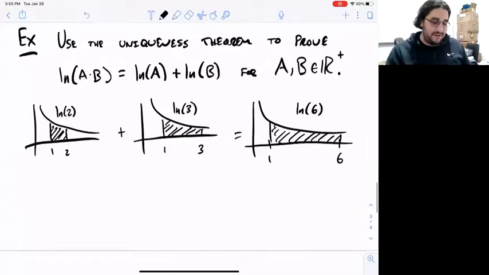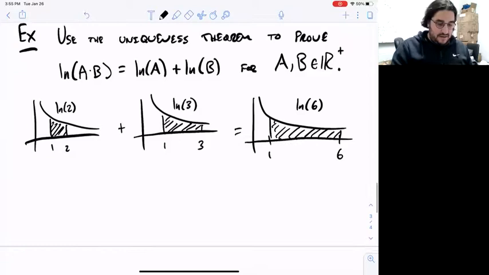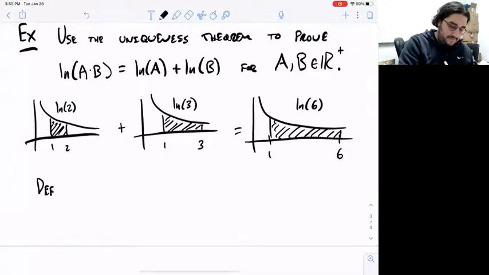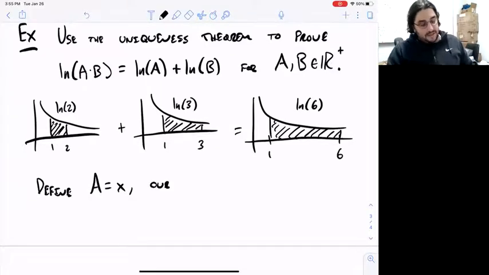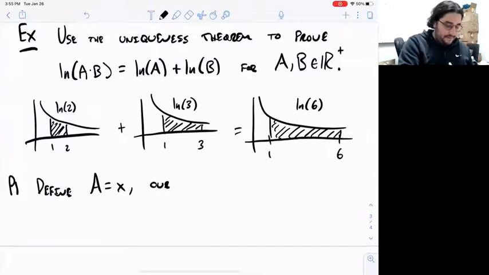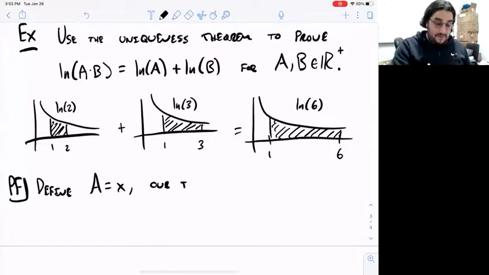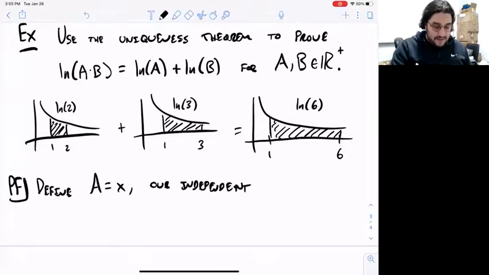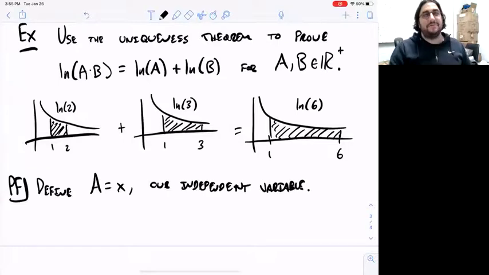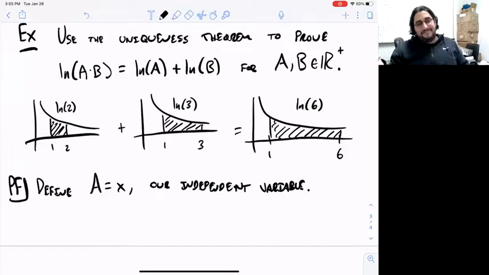So let's see if we can prove this using the uniqueness theorem. So let's look at the variables. a, I want to call x, our independent variable, right? This is the variable that we're going to differentiate with respect to. You can leave it as a, but then all your derivatives are going to look like d/da, and I just want to write d/dx, so I'm calling that x.